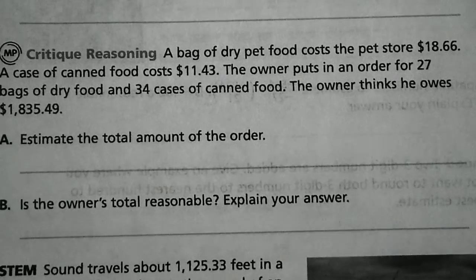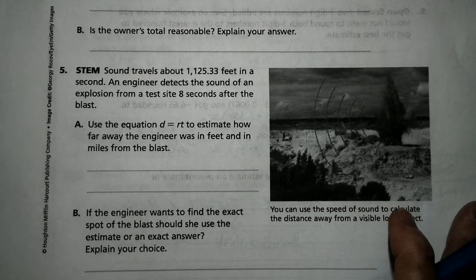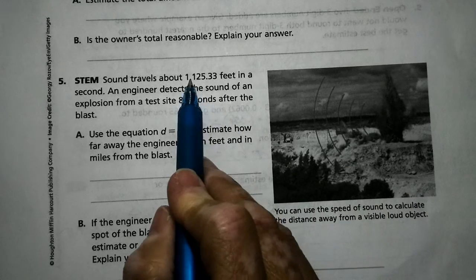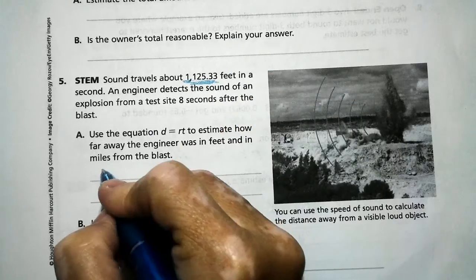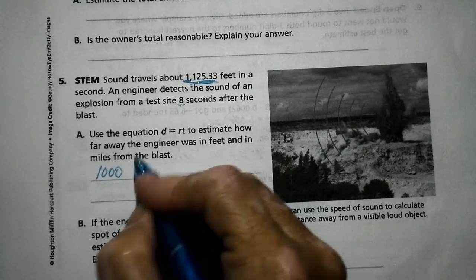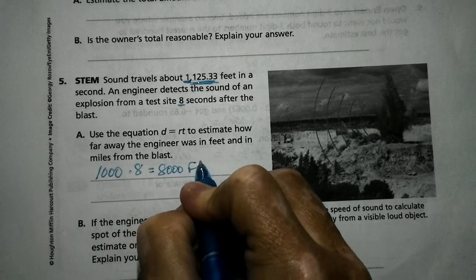I need help on 5. All right, so on 5, let me zoom out because it is way zoomed in. I would round this to 1,000, and then leave the 8 at 8. So that would give me 8,000 feet.